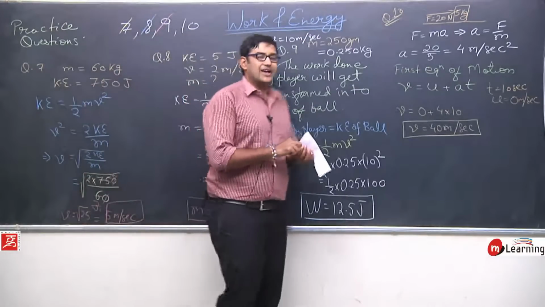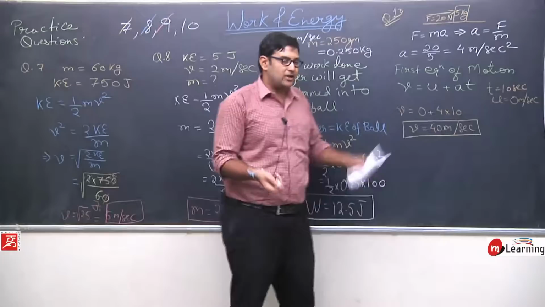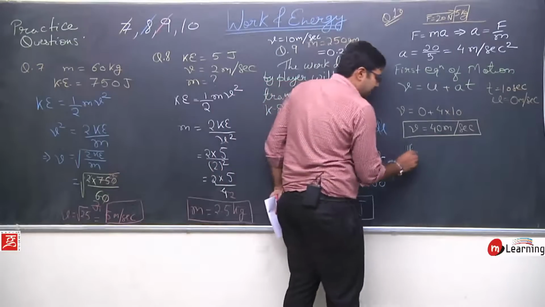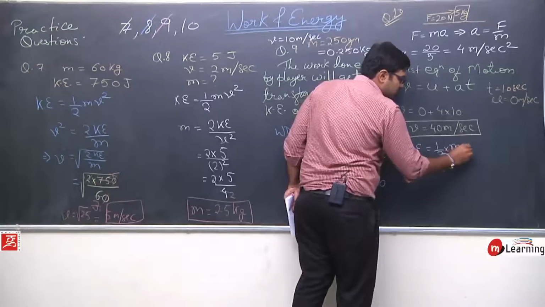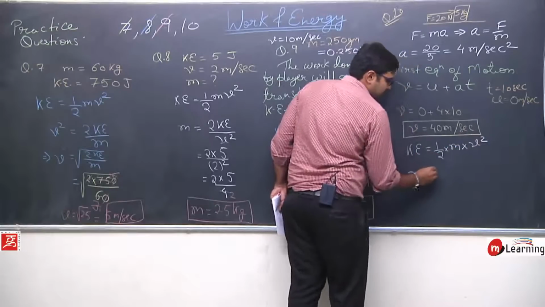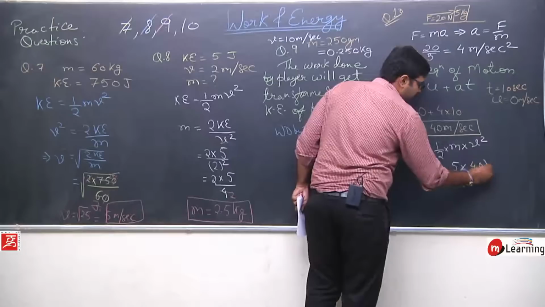Can I calculate the kinetic energy? Yes, I have mass, I have velocity. Now I can very easily calculate. Kinetic energy would be equal to half into mass into square of velocity, that is half into 5 kg into square of 40.